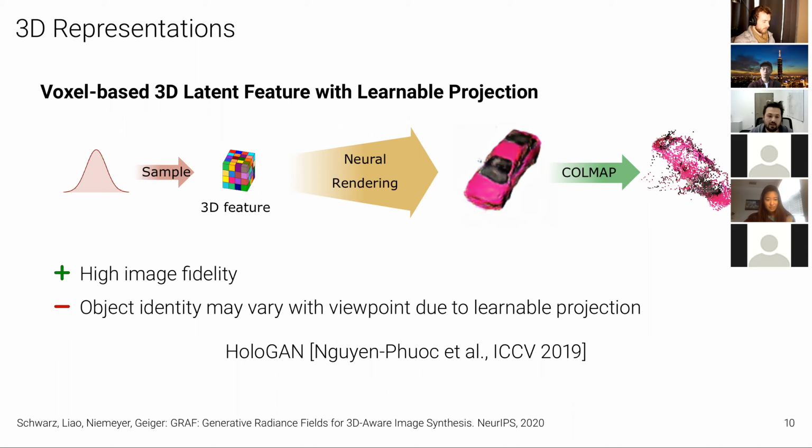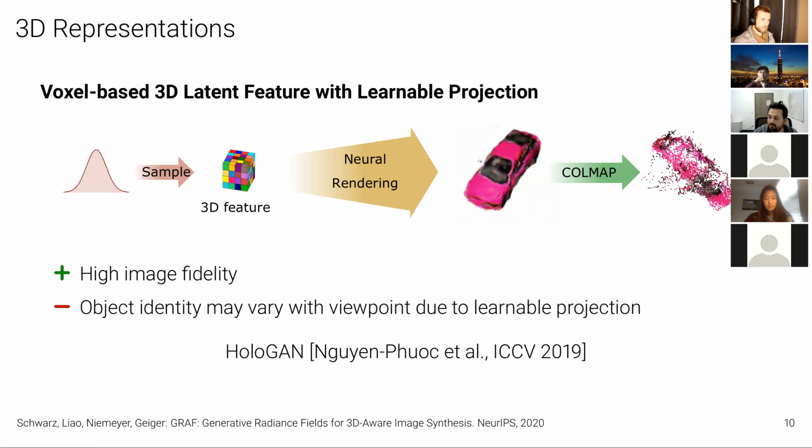Here, the idea is that, just as in the normal GAN setting, you sample a latent code, but then you represent your scene or object in voxel-based 3D latent features. Then you can use neural rendering techniques to get out your final image. We find that this representation leads to very high quality images. But if you actually check how multi-view consistent this representation is, we find that it suffers in multi-view consistency.